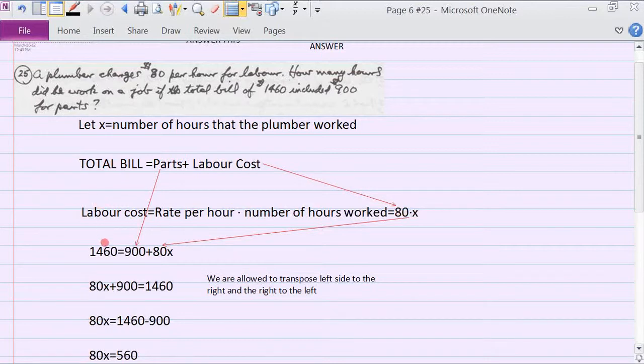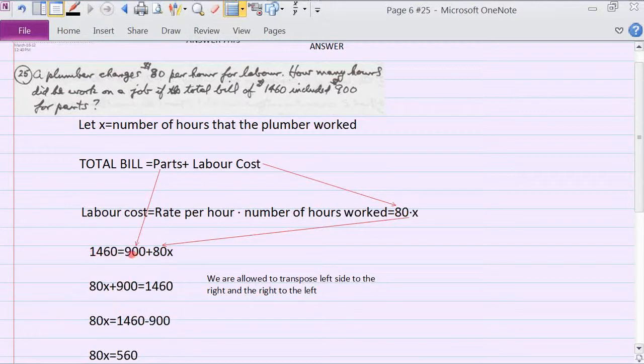So now when we have the total bill, which is $1460 right here, we know it's made up of parts and labor cost. See this? This is coming from the labor cost right here, 80 times x. Now what we do is we transpose the left side to the right and the right side to the left. I don't even have to change the signs.